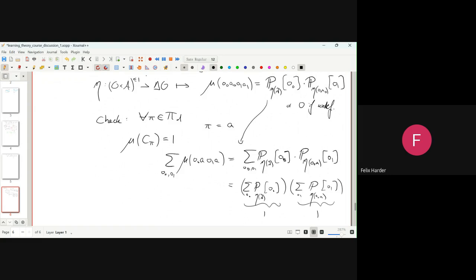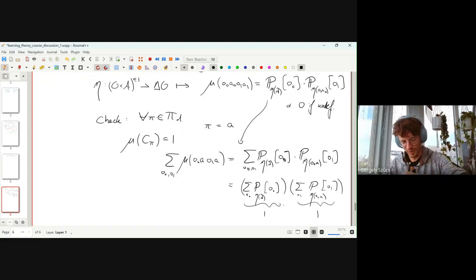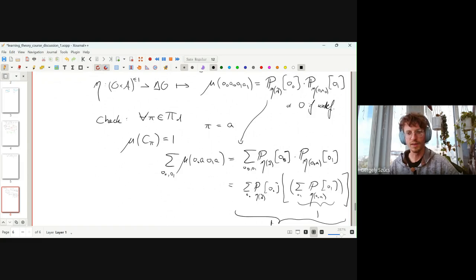Yeah, I think you're right. So basically, we would need to write it as a sum where we can take out one of the sums like this, and then this is 1, and then afterwards we can sum this, and that would also be 1. So maybe this is better.